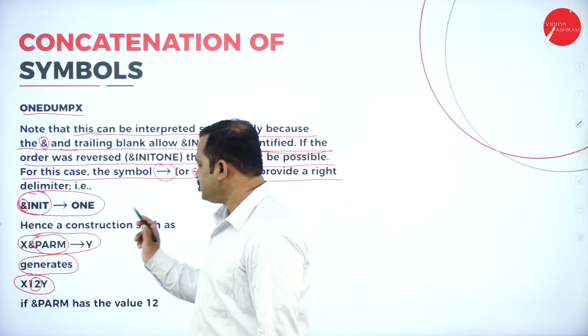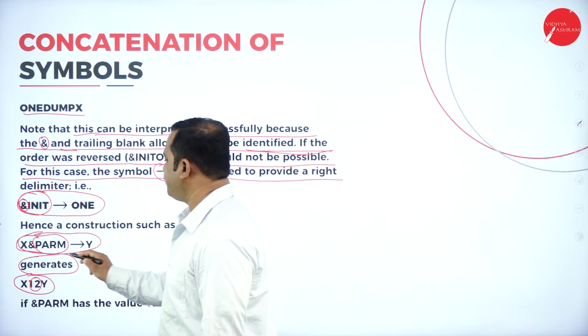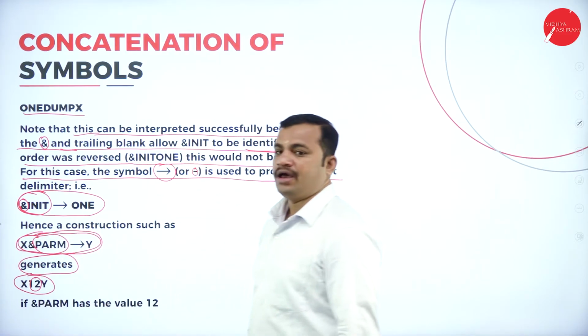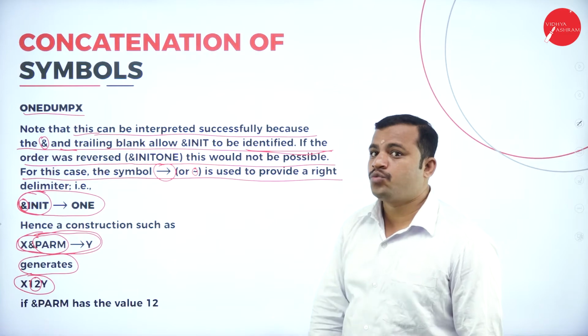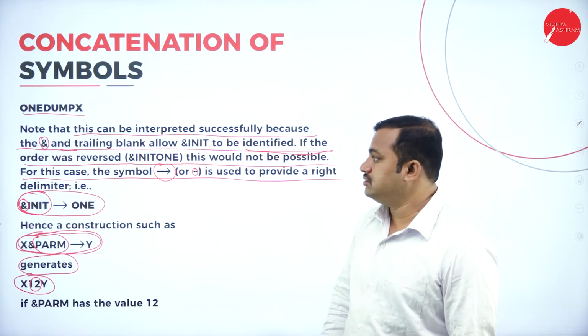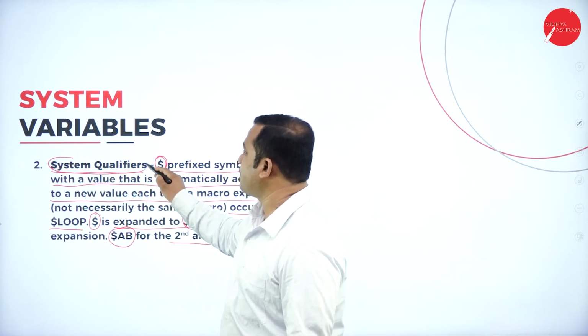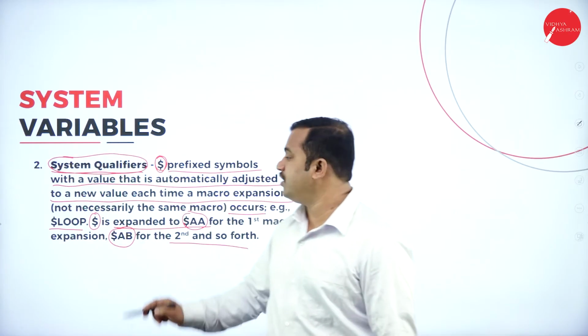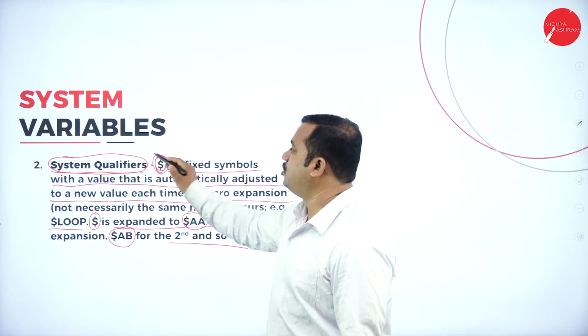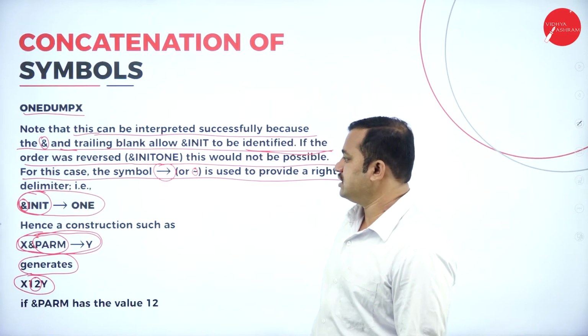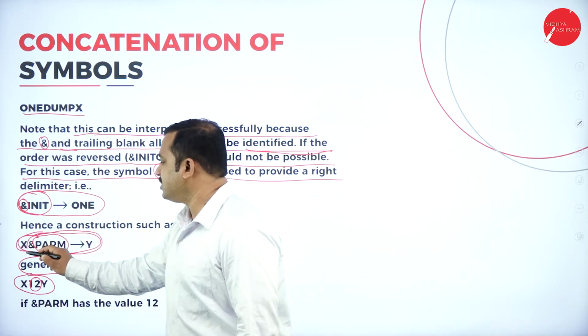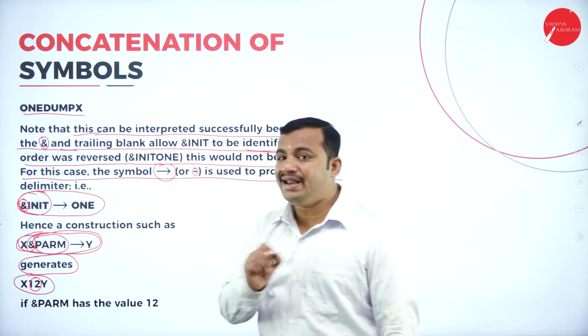Now I have the construction such as x&param y. I have another qualifier, the second one, system qualifiers. These system qualifiers always begin with the dollar symbol. See here, we have the ampersand symbol here. What does that indicate?